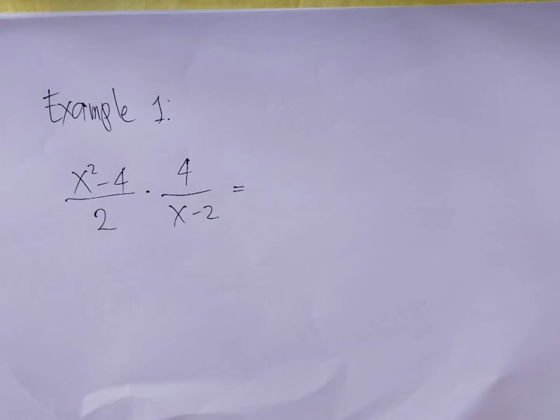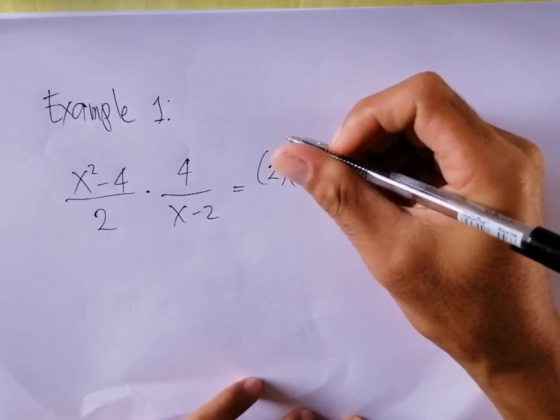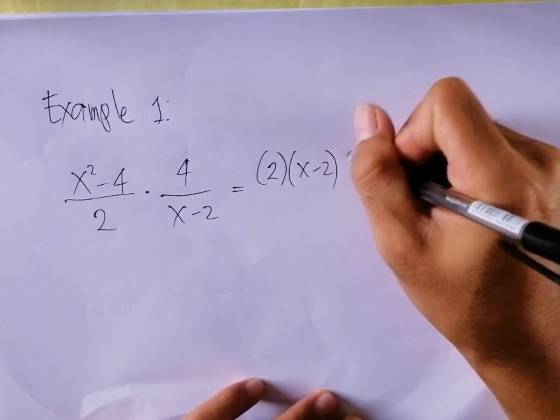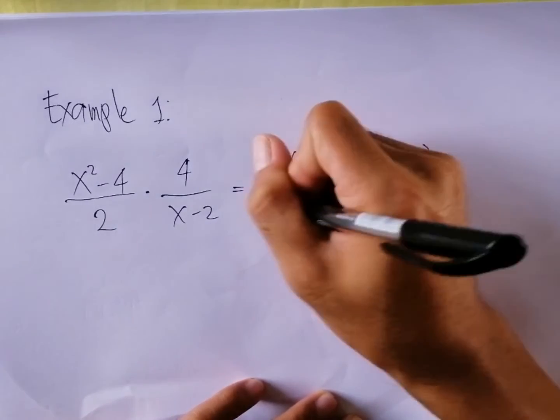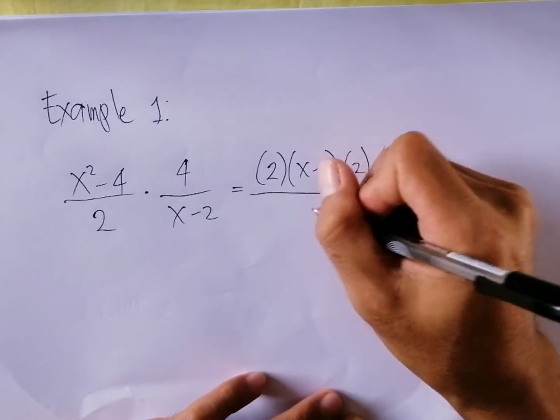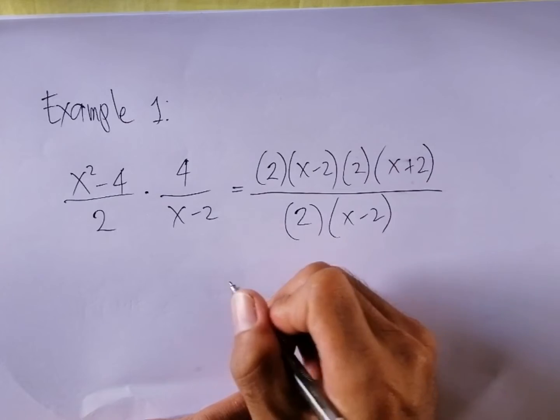So the factored form of the numerator and denominator, we have 2 times x minus 2 times 2 times x plus 2 all over 2 times x minus 2.